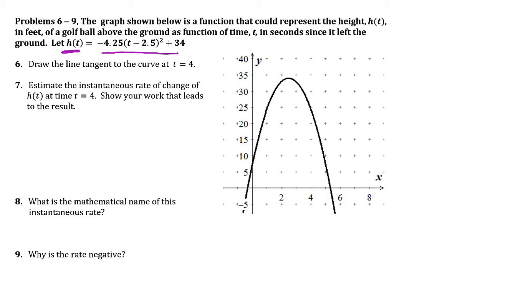So we're going to go up to where 4 is on the graph, and when we draw a line tangent, remember we're only going to touch the graph in at most one place. Now it might run really close and parallel, but it's not intersecting that graph at all. So we're touching at one point, and then notice number 7 asks us to estimate the instantaneous rate of change at time t equals 4.